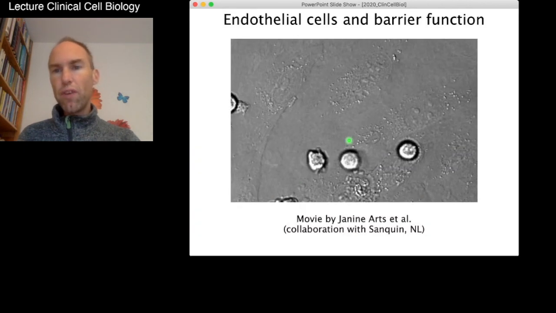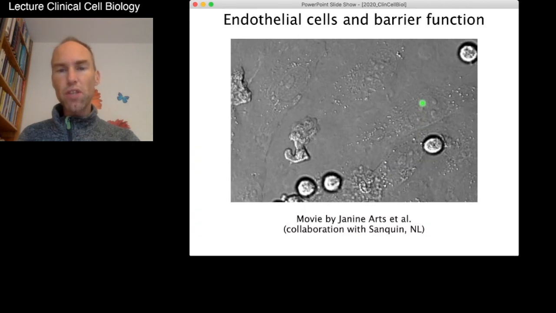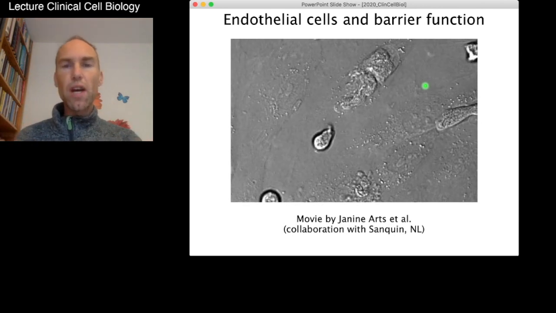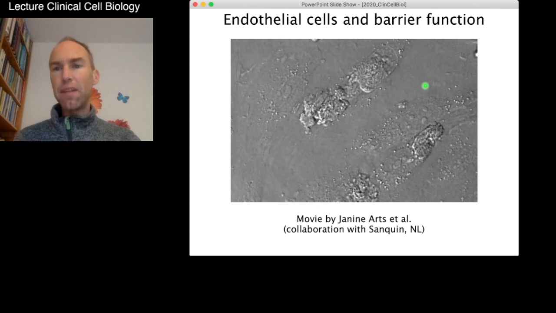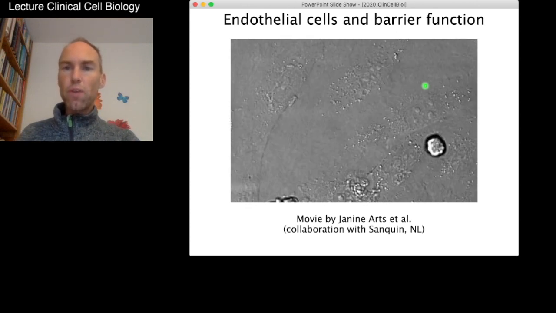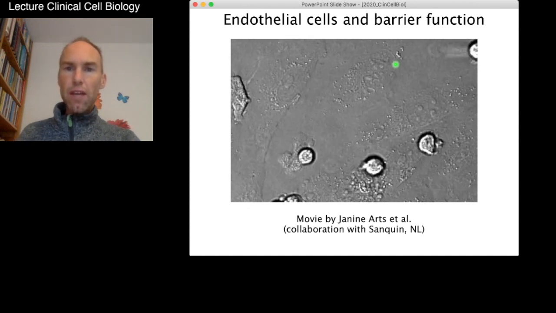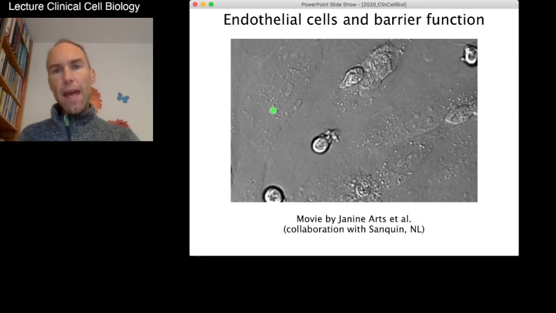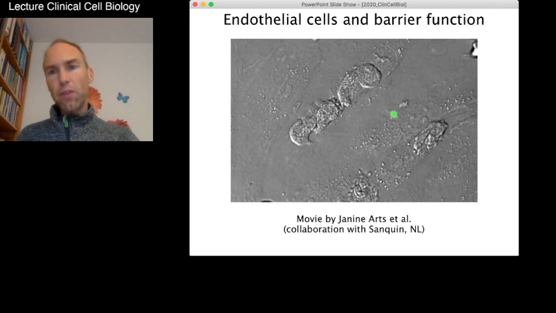This is a movie of what's going on during this process of transendothelial migration, and it's just to show you how dynamic this system is. So what you see here is a cover slip with endothelial cells, and they are kind of difficult to see.